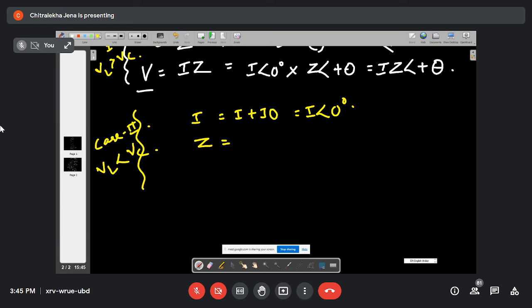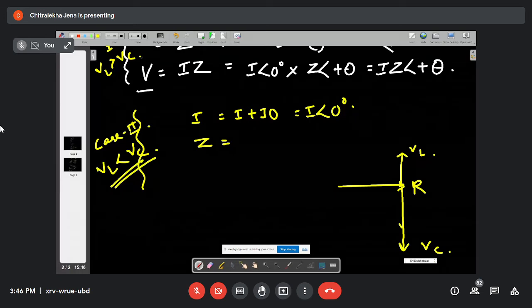Here in case 2, suppose I have taken VL less than VC. Then what will be my condition? My resistance will be like this. In which direction will XL and XC be present? VL is less than VC, that means my VC vector will be more. VC will be more than VL, so VC minus VL will be in this direction.